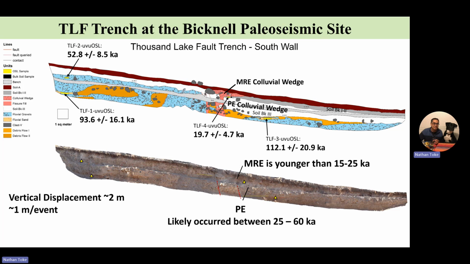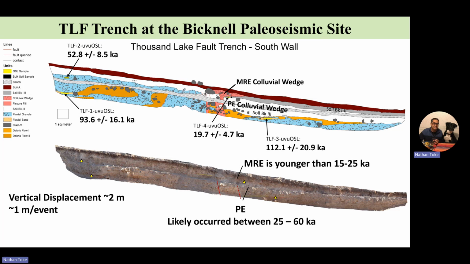My interpretation is that there's one young event associated with that colluvial wedge, and that there's some prior event that happened during the time of that earlier soil development of the BK3 that thickened it. And so we interpret that there's two events since that BK3 soil was developing.